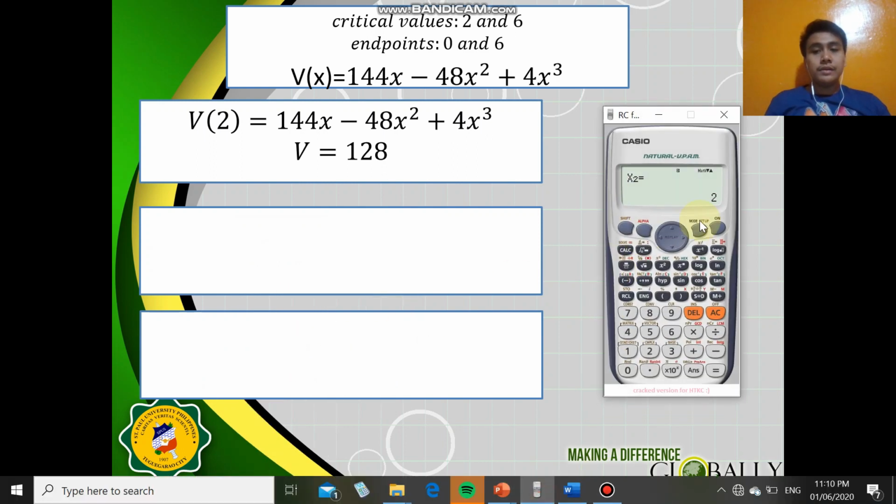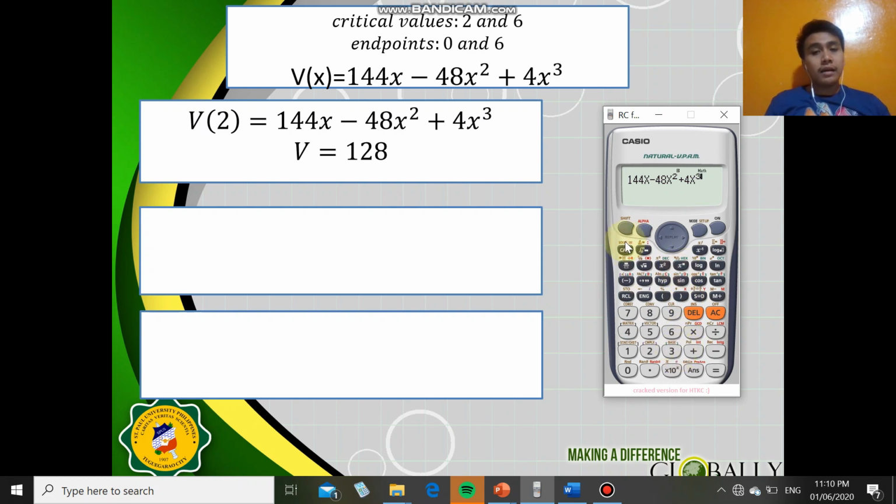We use our calculator to check whether, if the value of x is 2, it will give us 128. Let's start: 144x minus 48x squared plus 4x cubed.